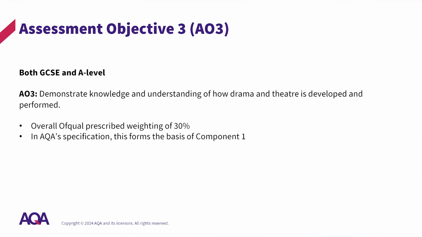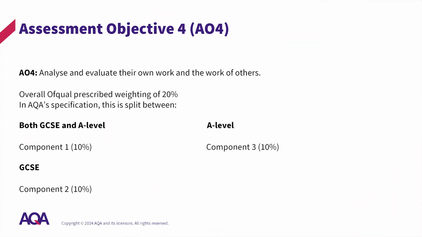Assessment Objective 3, demonstrate knowledge and understanding of how drama and theatre is developed and performed, has an Ofqual prescribed weighting of 30%, and forms the basis of the assessment of Component 1, the written exam, at both GCSE and A-level, alongside Assessment Objective 4, which is analyse and evaluate their own work and the work of others.